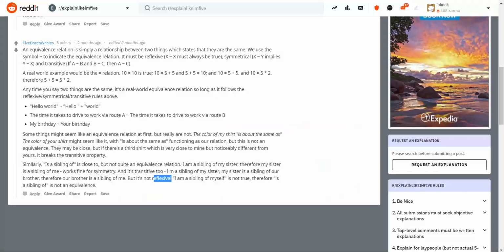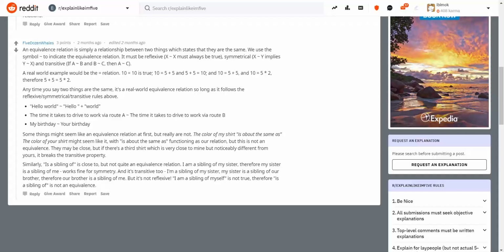In this example of the siblings, we've said that my sister is my sibling, and that I am her sibling. So this is called symmetry.